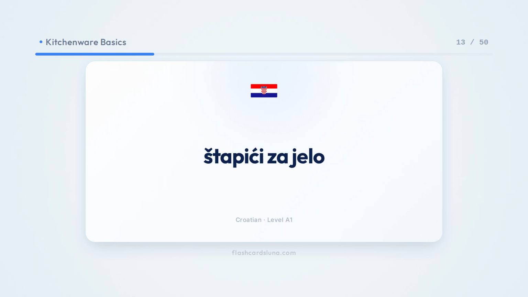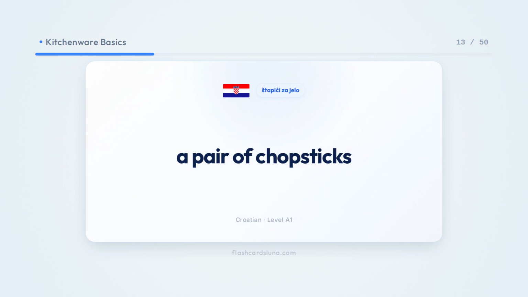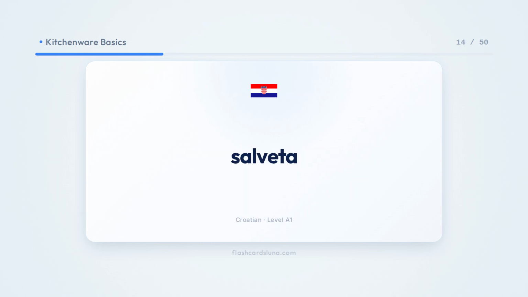Štapići za jelo. A pair of chopsticks. Salveta. A napkin. Podložak za tanjur. A placemat.